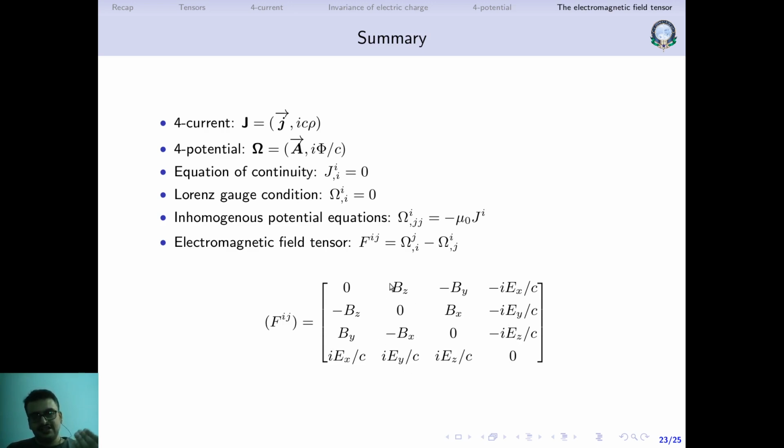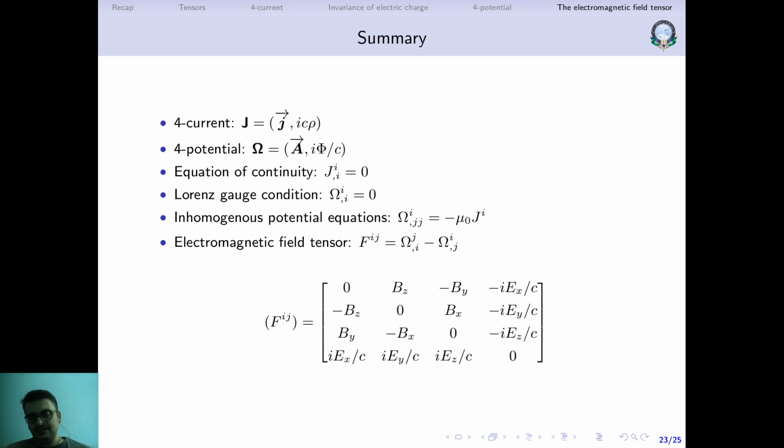Also, one more difference that you will find when you refer to Griffiths is the way this field tensor looks. They are not arranged in the same way, and the reason is that in Griffiths the Minkowski space-time components are defined differently. I have defined x1, x2, x3, and x4, where x1, x2, x3 is xyz, and x4 is ict.